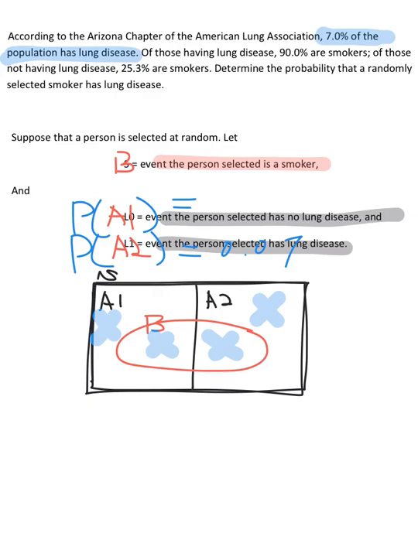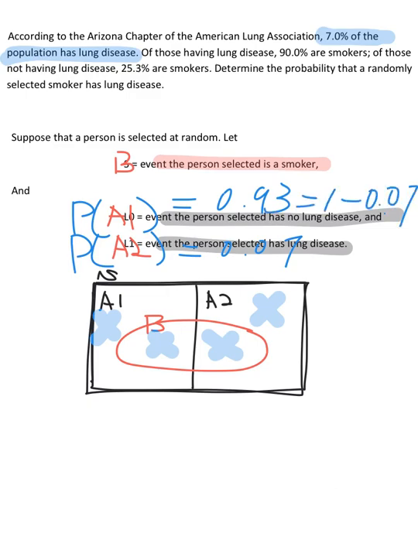Then what is A1? What is the probability of A1? It is not given, but you can take the probability A1. How much did you say? 0.93. How did you get 0.93? 1 minus 0.07.